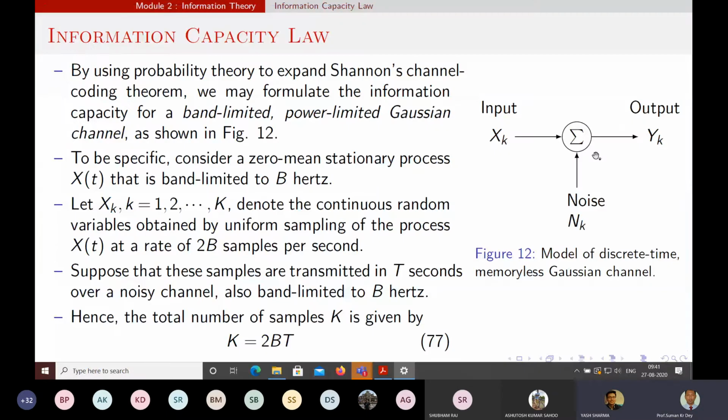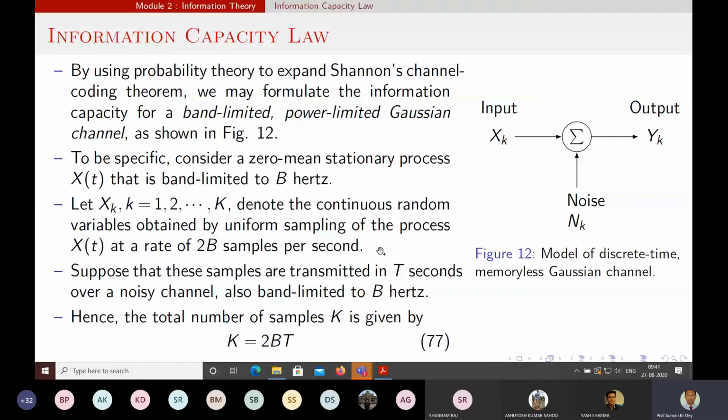Suppose that we take 2B samples in 1 second, and the samples are transmitted for T seconds.